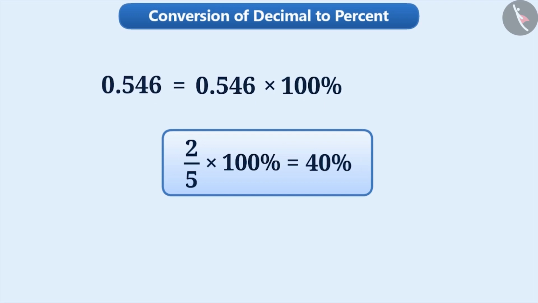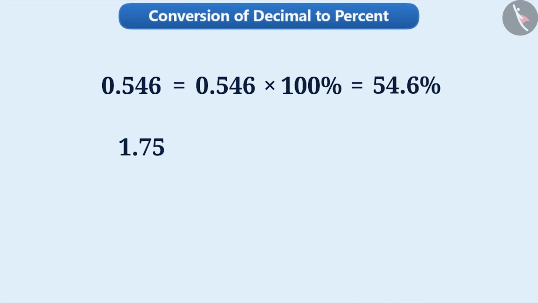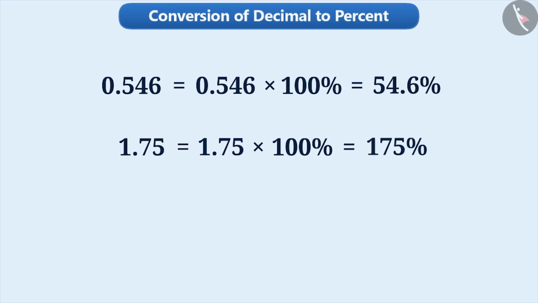So, 0.546 is equal to 0.546 × 100%, which is equal to 54.6%.